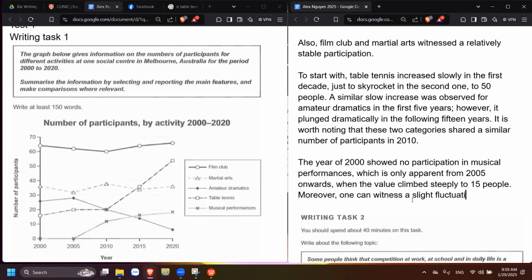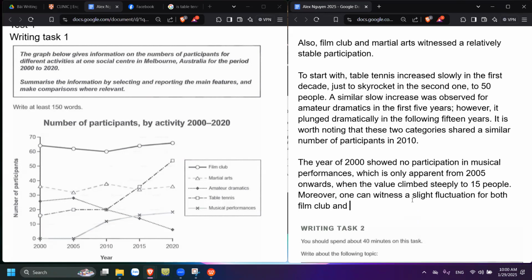Fluctuation of both film club and martial arts in the study period. Maybe it's good to mention again the whole study period.